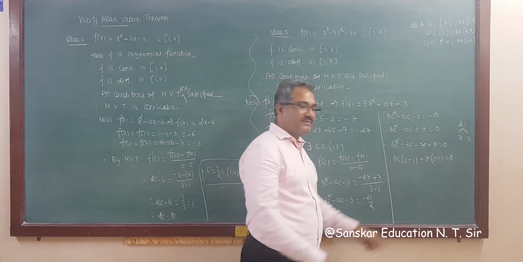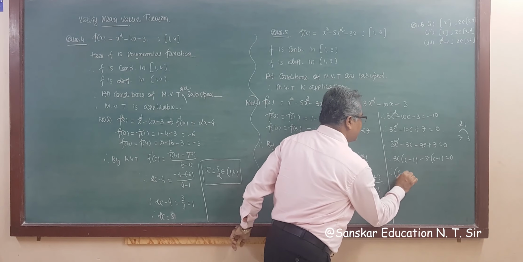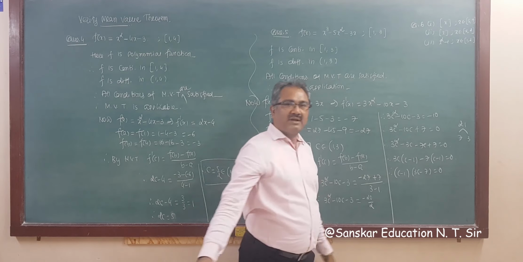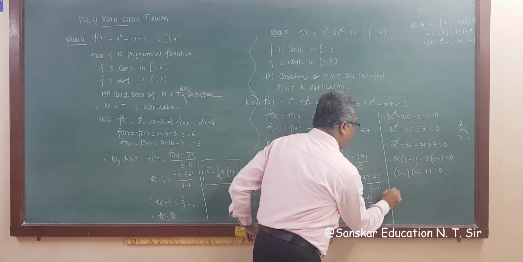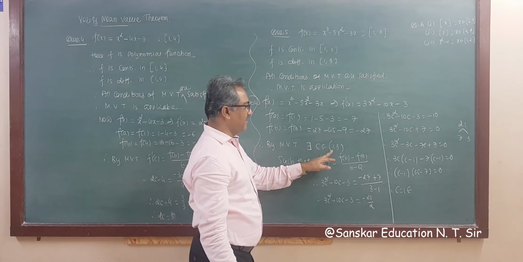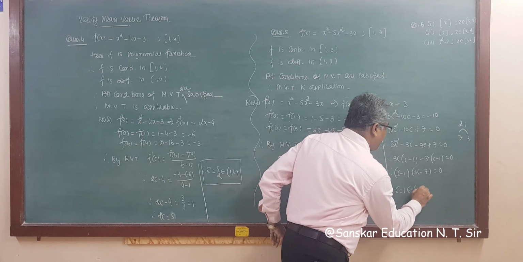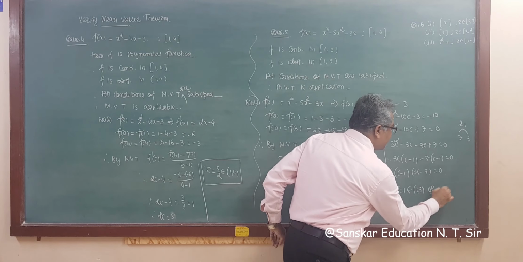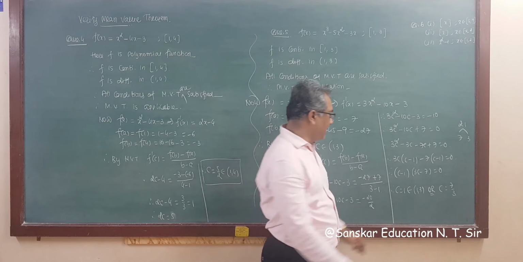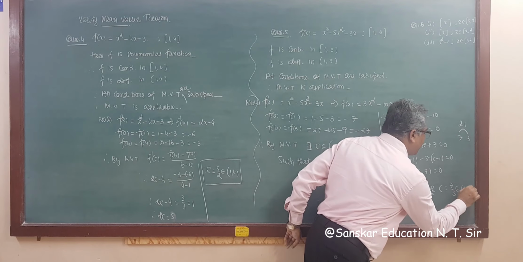So again c minus 1 is common. This is (c minus 1)(3c minus 7) is equal to 0. That is either c equal to 1, so c is equal to 1 belongs to open interval 1, 3, or c is equal to 7 by 3. From this, 7 by 3 belongs to open interval 1, 3.